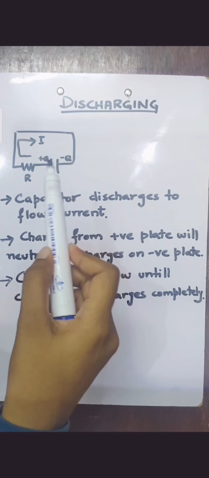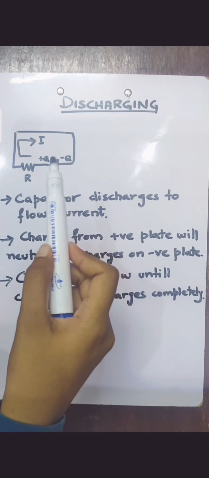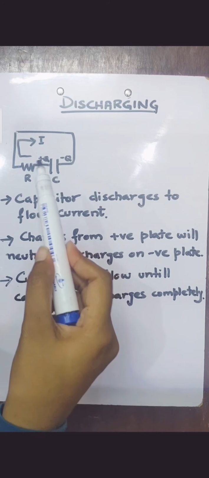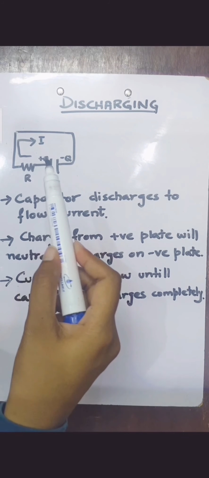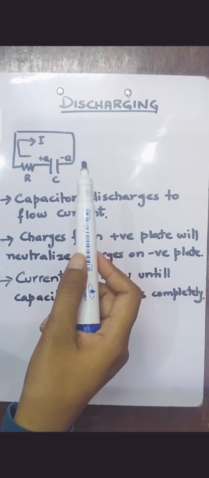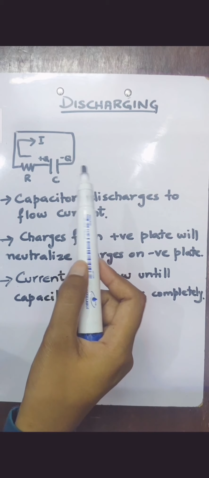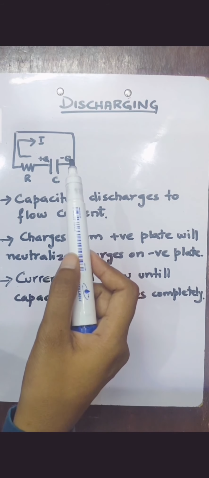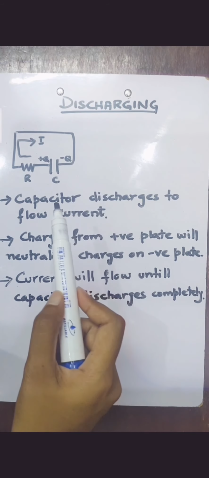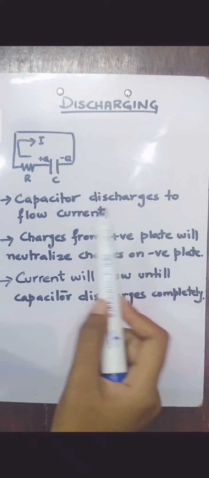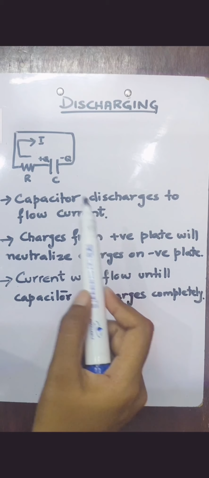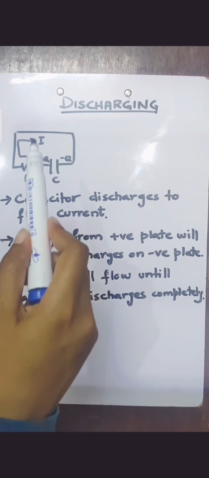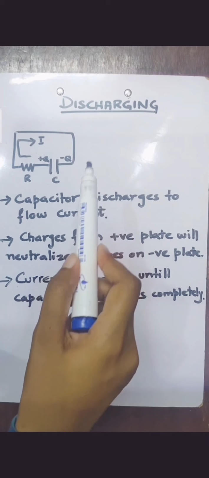To understand that discharging process, what we have done, we have removed the battery, and the capacitor is now providing the charge. So basically the charge stored on the capacitor plate is responsible to flow the current. When the current continuously flows, the positive charges are moving towards the negative charges, and when they reach the negative plate, they will neutralize there.